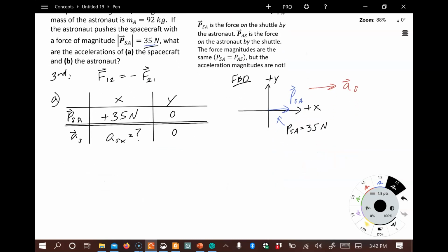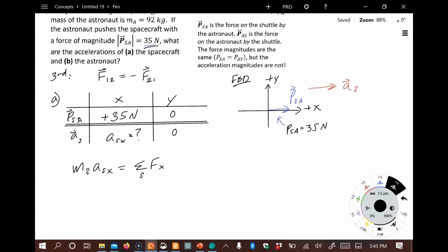Go ahead and put this into Newton's second law. Mass of space shuttle times acceleration of space shuttle in the x direction. Notice these are always going to be the same when we're doing Newton's second law here. That's equal to the sum of all the forces that act on the space shuttle, and in this case in the x direction. Let's plug these things in from our data table.